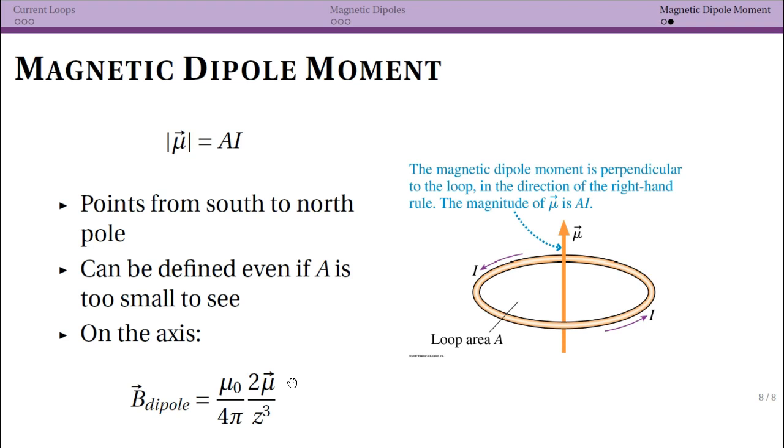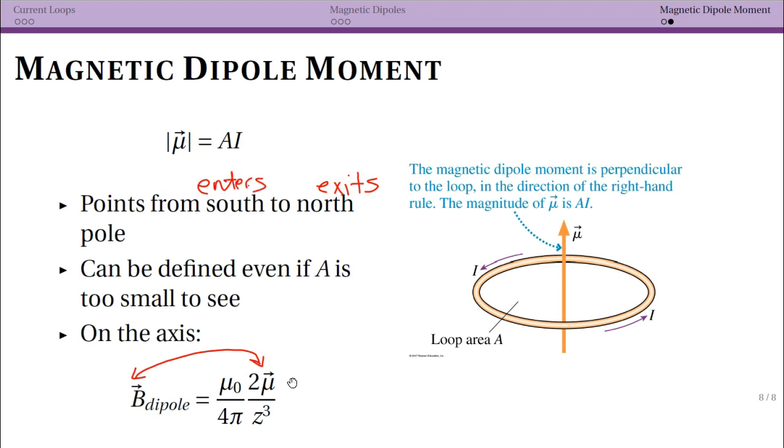So it points from south to north. And so that actually gives us our direction. So in this case, the magnetic field direction matches the dipole direction as long as we're talking from south to north. And remember that north pole is where the field exits, and south pole is where it enters.